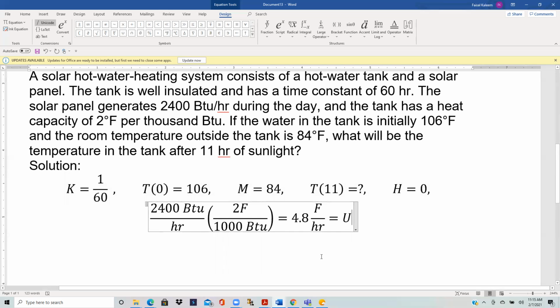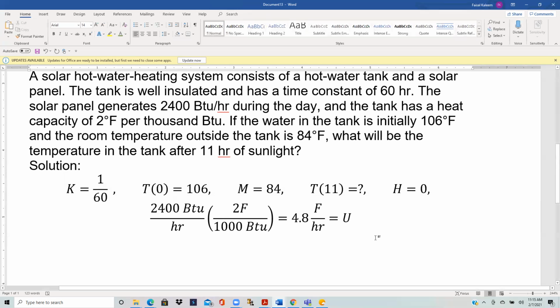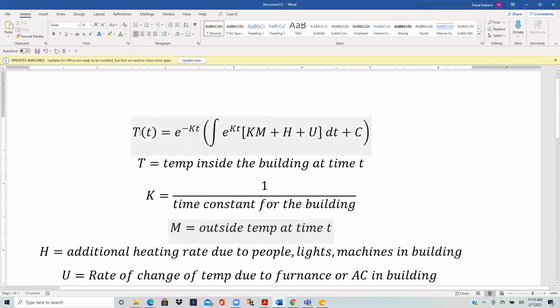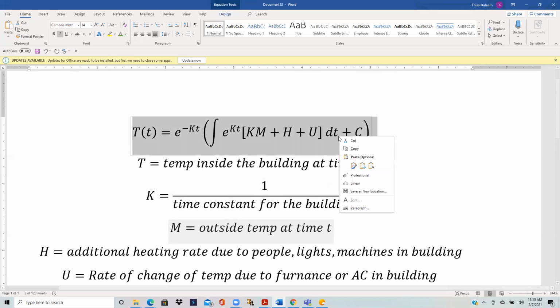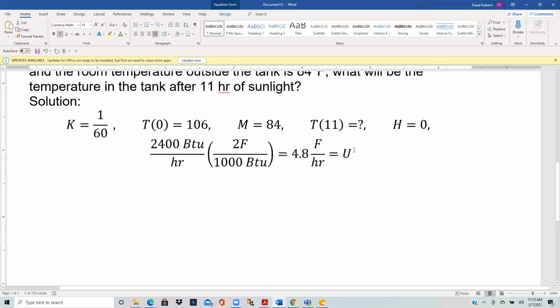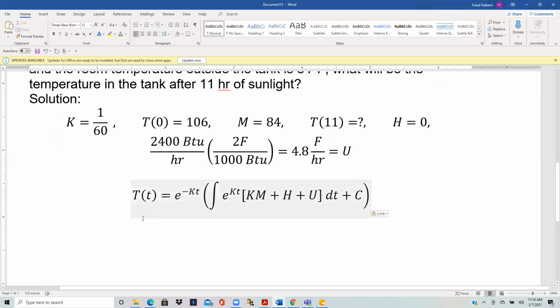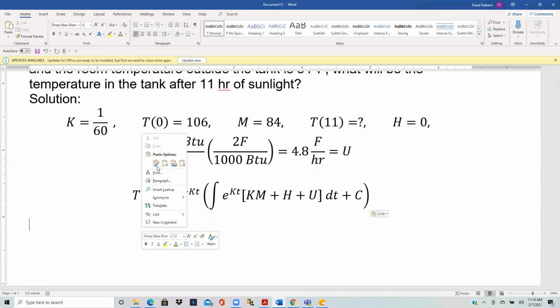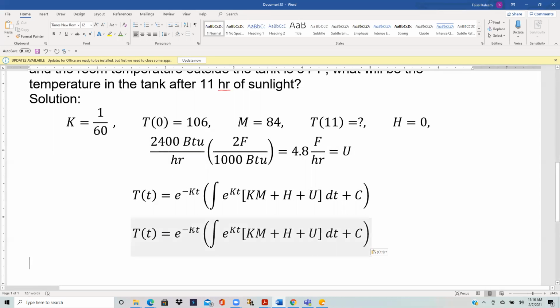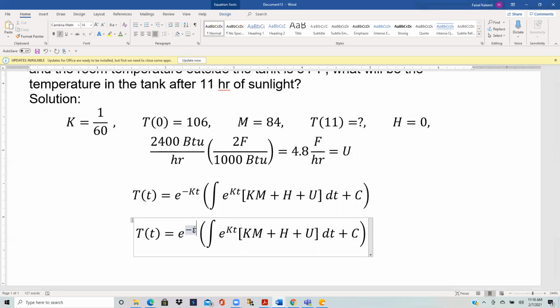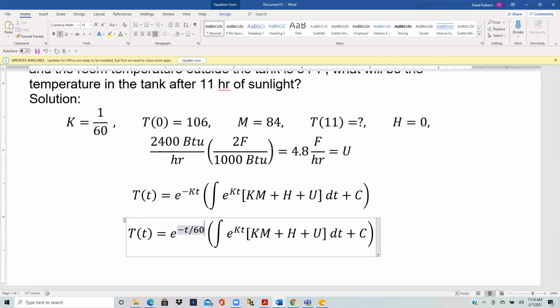Okay. So now we have all the data for our Newton's law of cooling. So let's just copy the Newton's law of cooling. And then let's substitute the values. So K would be 1 over 60. So this will be negative t by 60.